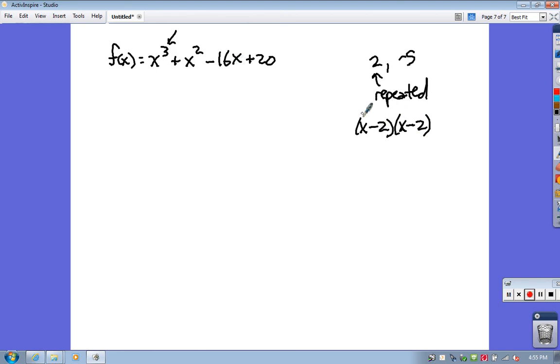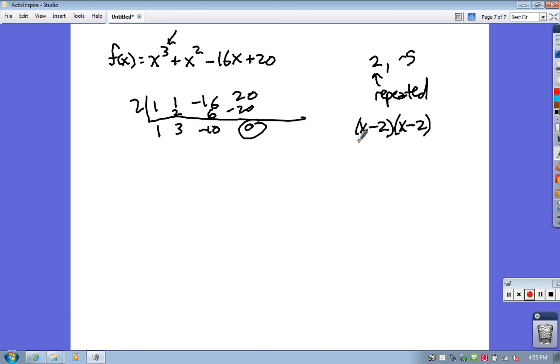And what I'll do is synthetic division. So I use the root, right? I don't use -2. I use the root for synthetic division to do this division. I have 1x cubed, 1x squared, -16x and 20. So bring it down, multiply, add, multiply, add, multiply. Yeah, so that's true.